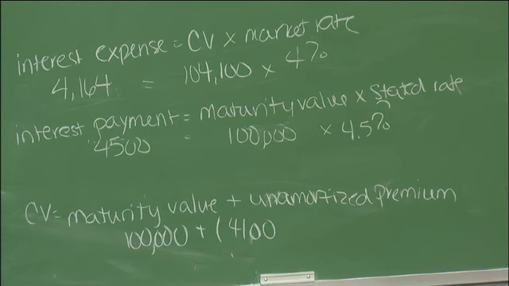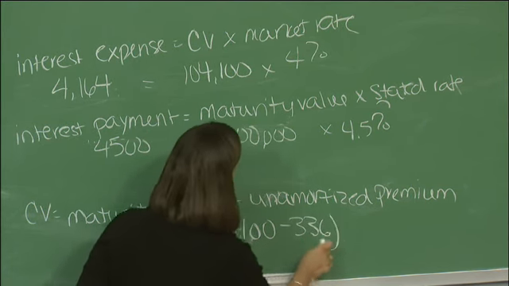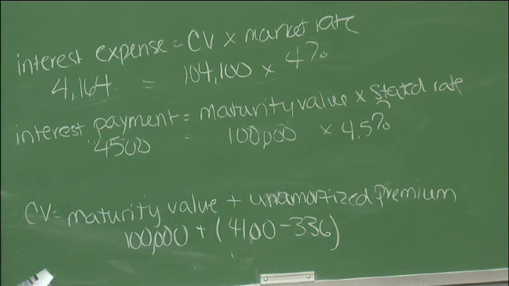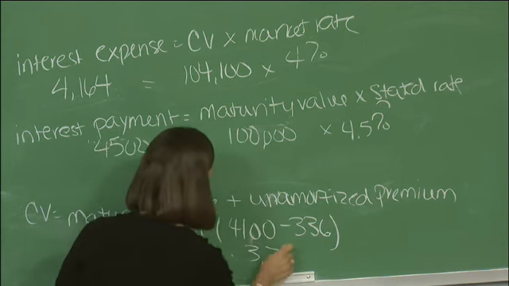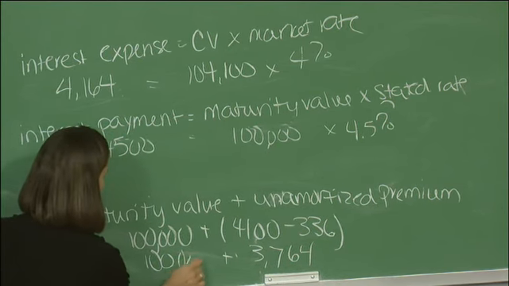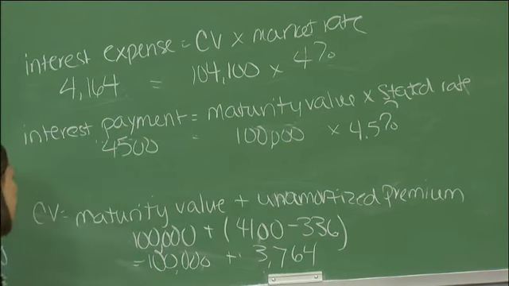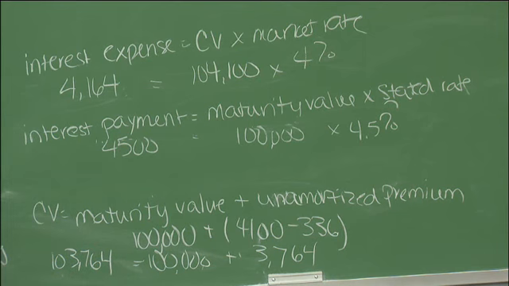First interest payment date, we amortized $336 of that. So what we have left is $3,764. So we add that to the maturity value of $100,000, and we get a carrying value of $103,764.